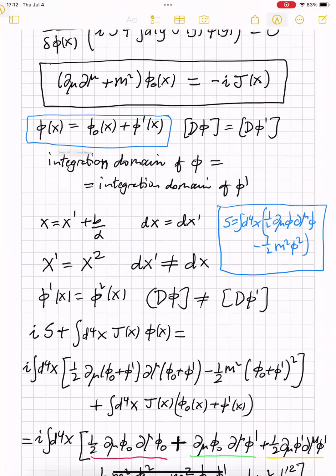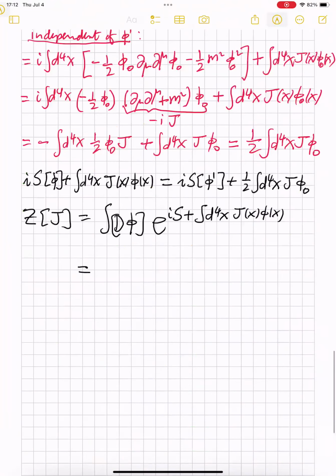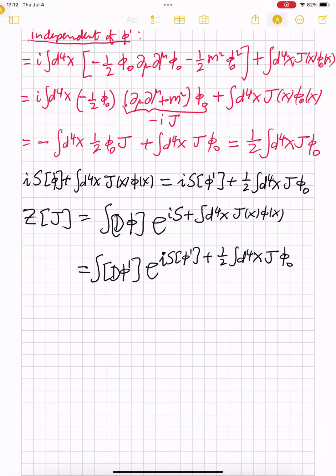Phi is equal to phi naught plus phi prime. So that's what we're doing, okay? We'll have an integral. As we explained, the measure remains invariant. The domain of integration is invariant. Now we've got an e to the iS of phi prime plus, so I am just using this line above here, plus 1/2 integral d4x j phi naught.